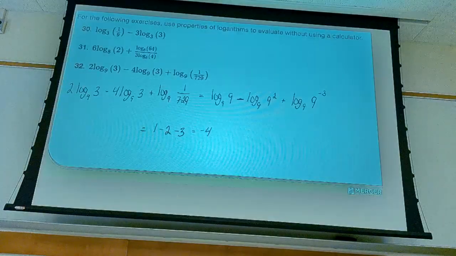You can easily find that by going, okay, well, I know 9 squared is 81. 81 times 9 is 729, right? 9 times 8 is 72, so 9 times 80 is 720, and then plus 1 times 9.